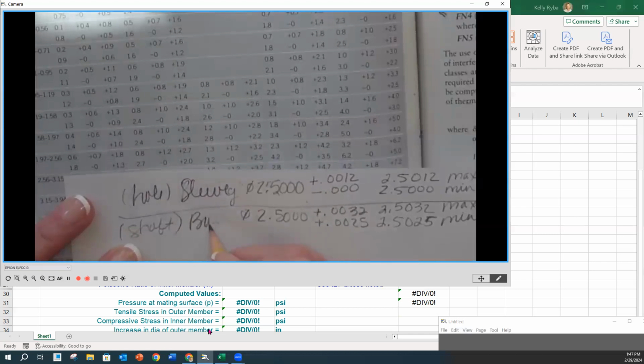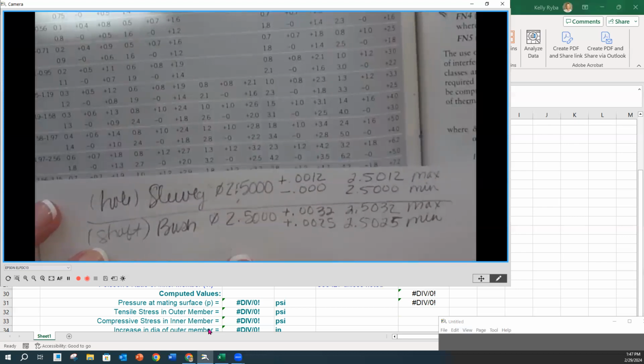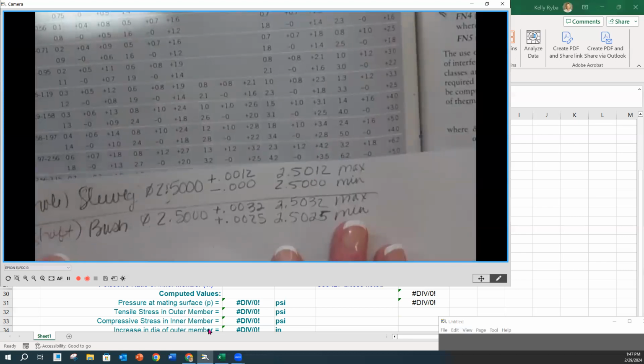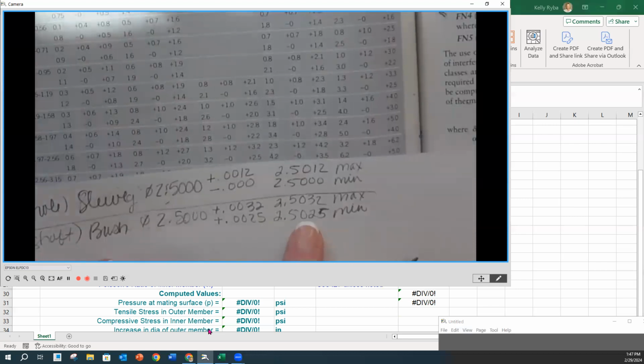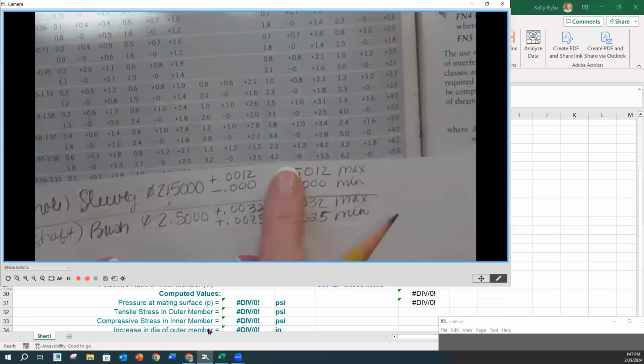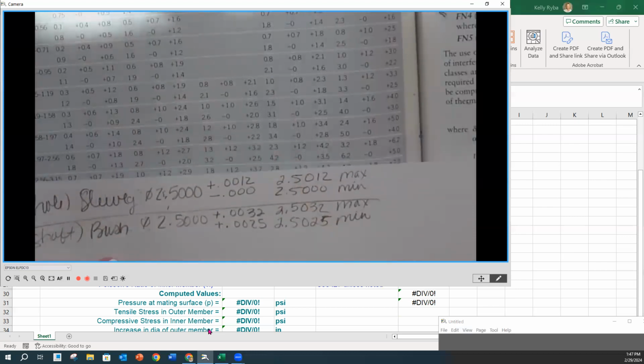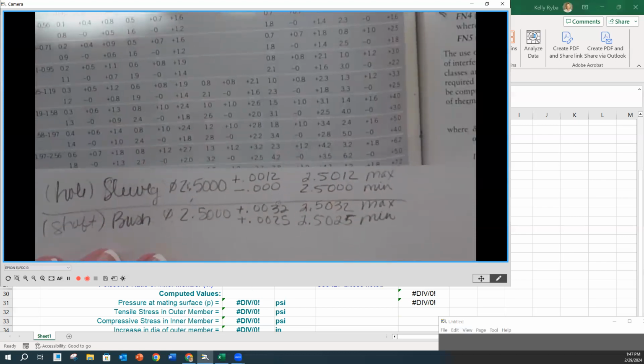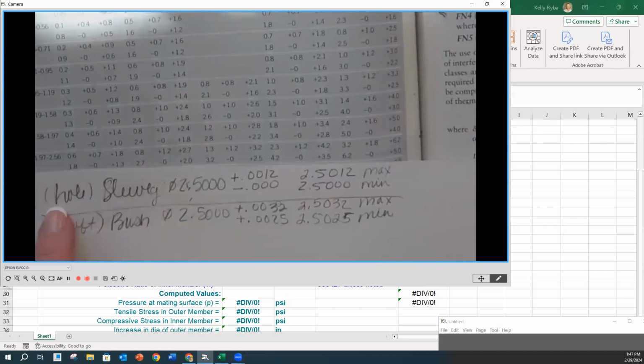This is the bushing. My bushing is the bottom because this is the shaft that's fitting inside of the hole. My bushing has to be bigger on both sides than my sleeve. I'm so sorry about that. Everybody get that switched out. So your hole is your sleeve. We already identified that. I don't know why I didn't follow through. And my shaft is my bushing.